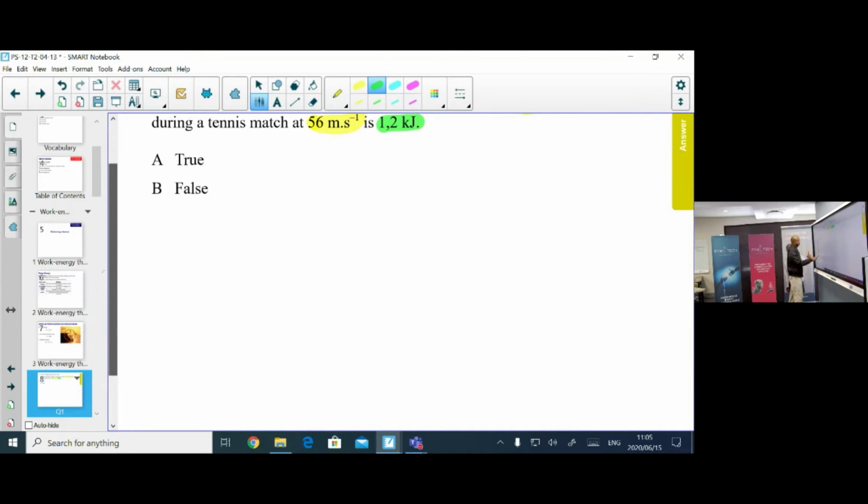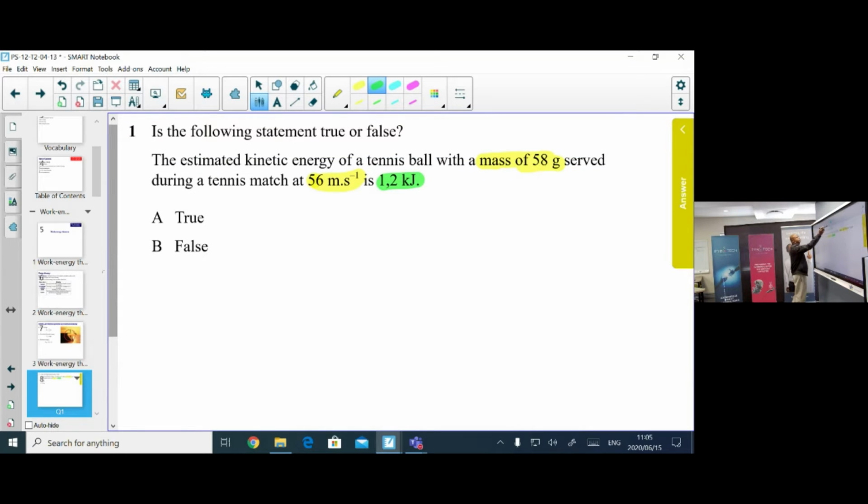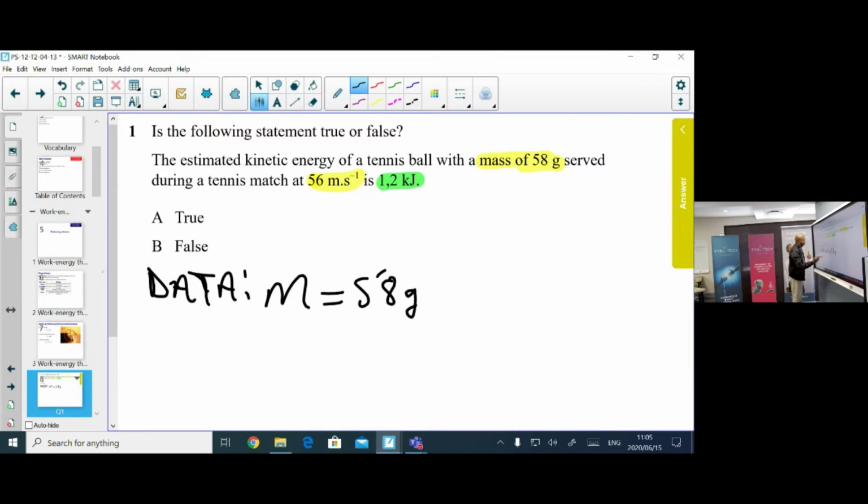Let me just write down the given information so that we can move. The mass of the tennis ball is equal to 58 grams.